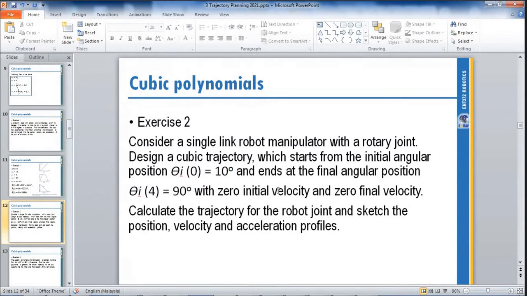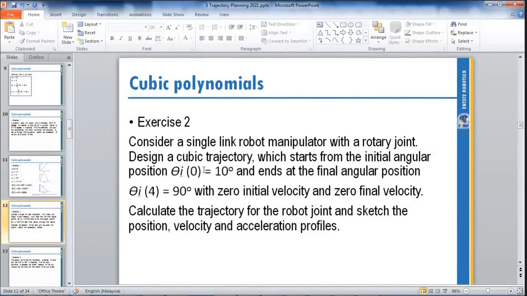And then zero initial velocity. This means your start has zero velocity and the final velocity is zero. That means when your robot reaches your final point, it will stop. Stop means zero velocity. Calculate the trajectory for the robot joint and sketch the position, velocity, and acceleration profile.